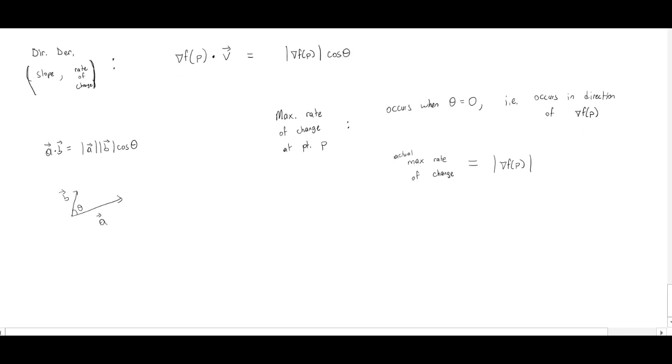And then very similar thing, if you want the minimum rate of change at the point P. So that occurs when the directional derivative is minimal. And this will be minimal when cosine of theta takes on its smallest value, which is -1. Okay?